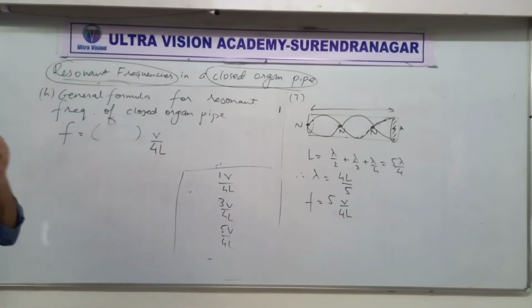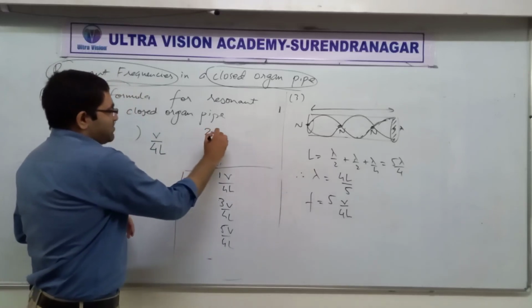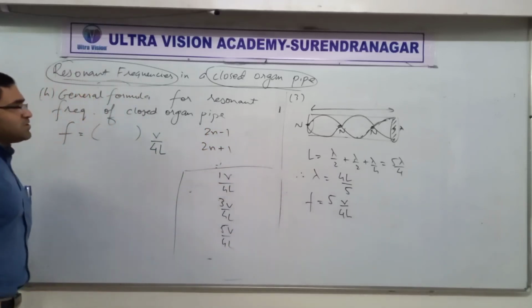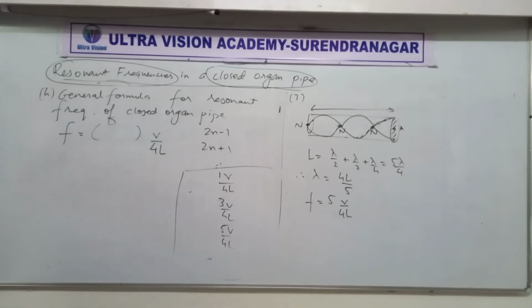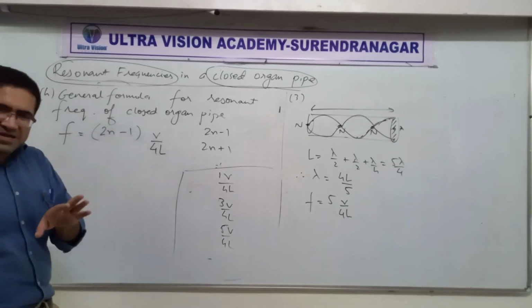Now, how to write odd number? In 10th, you might have studied this. You can write 2n minus 1, you can write 2n plus 1. Do you remember that? But we will choose 2n minus 1. There is no reason really.